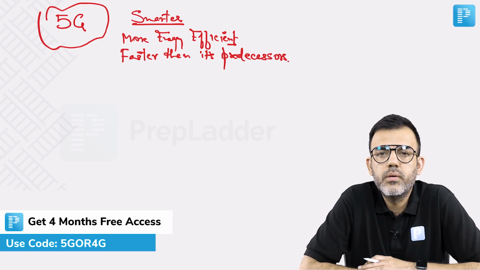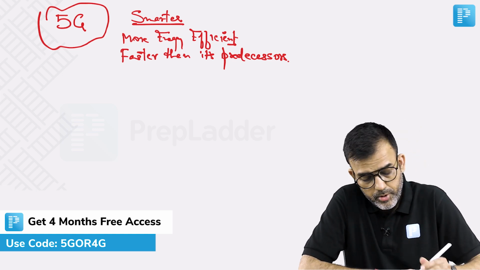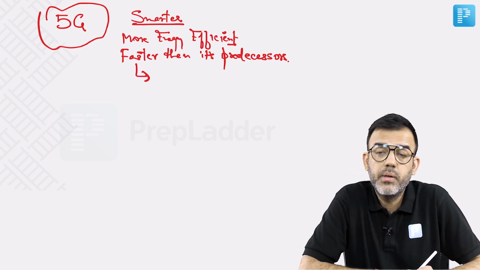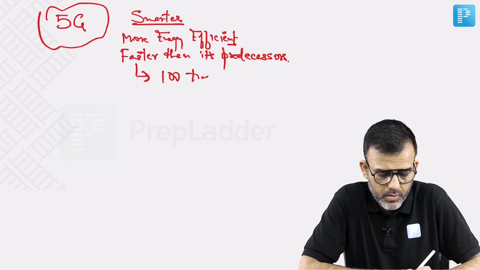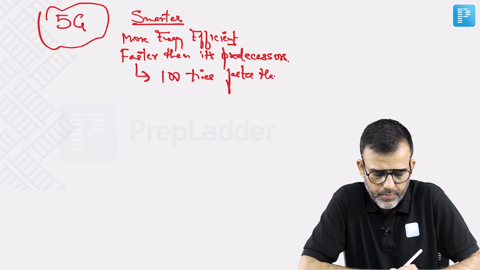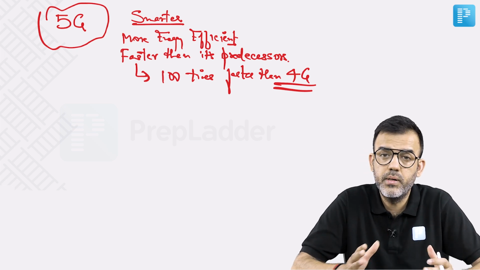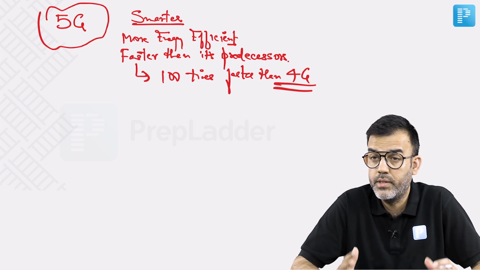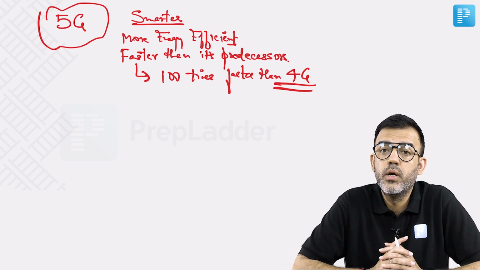Analysts are already predicting that the upper limit can be somewhat 100 times faster than 4G. So it will be 10 to 100 times. The upper limit is 100 times faster than the current network which we are using right now, that is 4G.